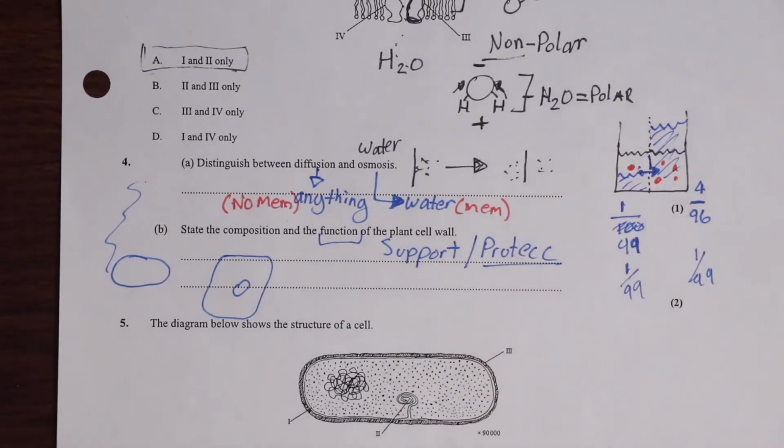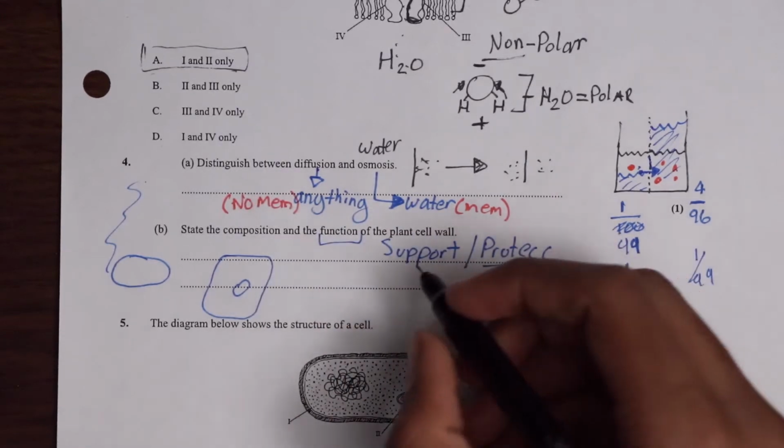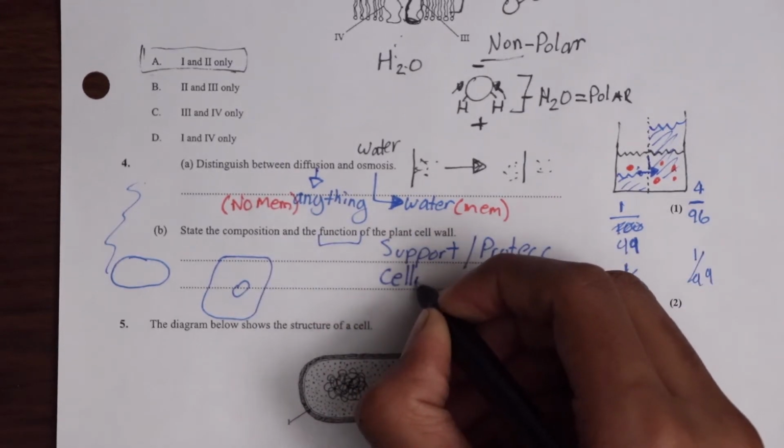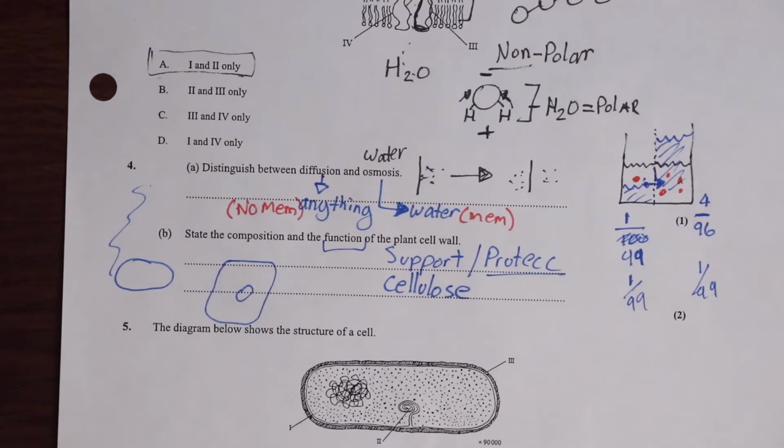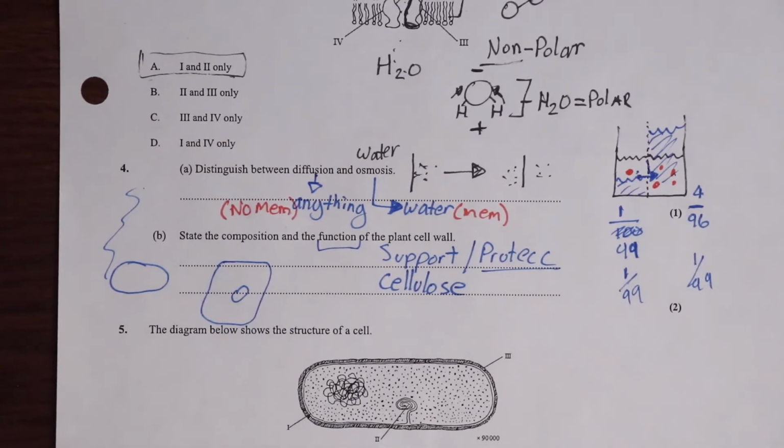There you go. And why cell walls are so hard is part of the composition. It's made out of cellulose. It's basically fiber to us, but it's a sort of sugar, like glucose or fructose. It's a sugar, but it's indigestible to us. I don't know if you ever ate a salad.